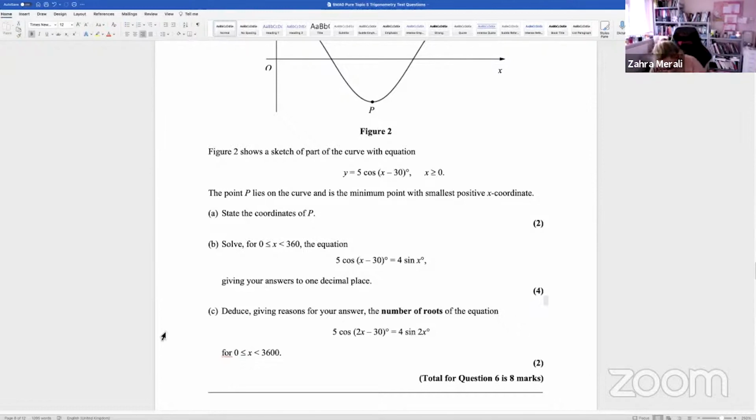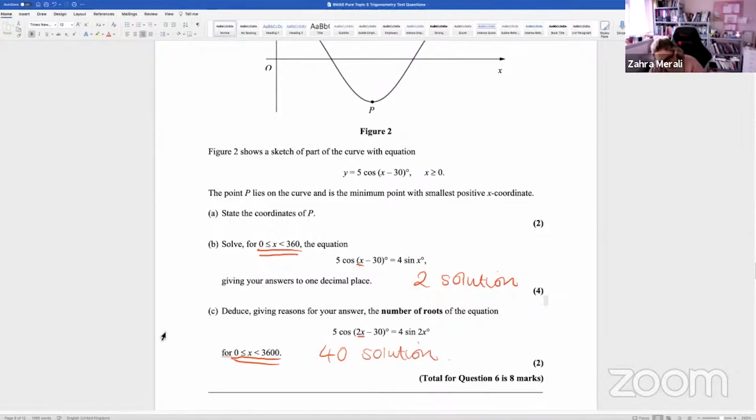They've given us a range which is 10 times the range. So in one lot of the range, we've got 2 solutions. If it was just x, we'd get times 10, so we'd get 20 solutions. But because we've got 2x, we're squishing the whole graph, so we're going to get double those solutions. So we're going to end up with 40 solutions.